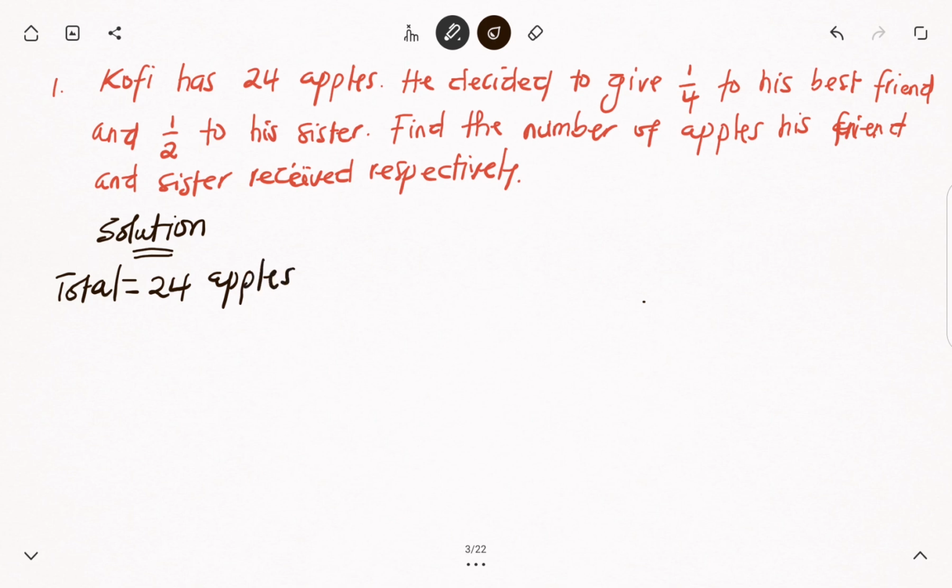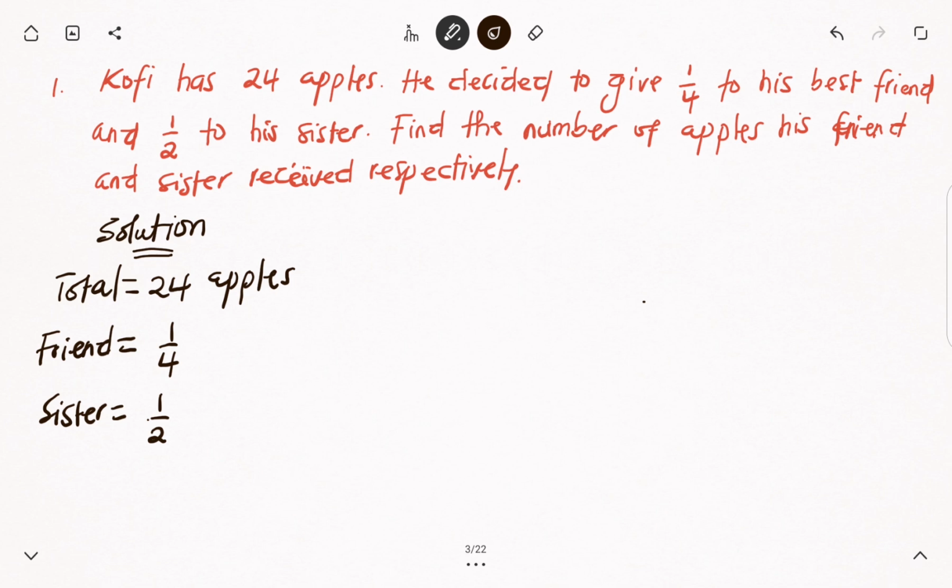Now, he decided to give a fraction of that, which is 1/4, to his best friend. So his friend received 1/4 of the amount that he has, and then the sister received half of the apples that he had.